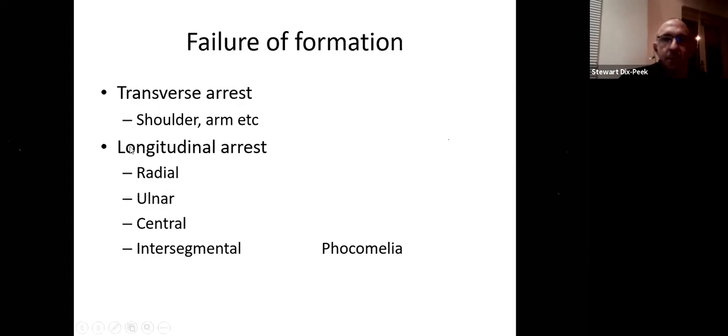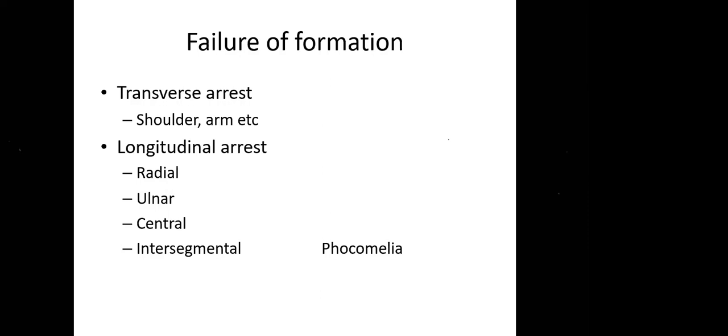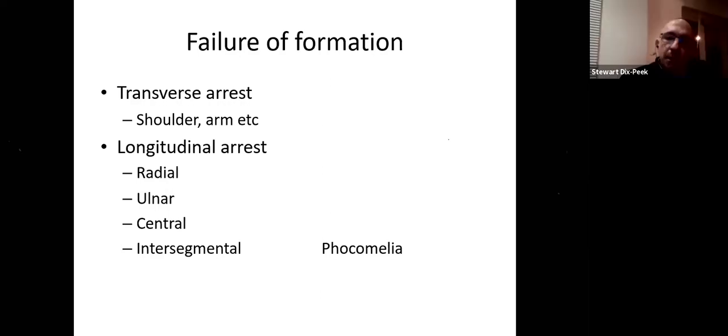And the classic transverse arrests, hopefully at some point I'm going to show you examples, whereas longitudinal arrests are either radial or fibula, tibia. Radial would go with tibia, and ulna would go with fibula. Those are longitudinal arrests. So transverse is one segment, longitudinal will be one part of the segment.